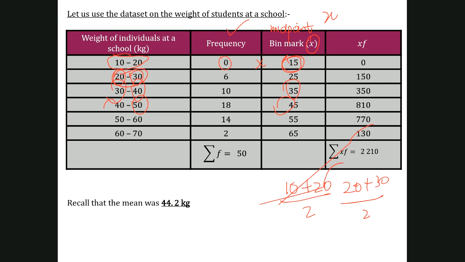That gave you the 0, 6 times the 25 gave you the 150, 10 times the 35, 18 times the 45, and so on. Once you had this, you added all of them up. It gave you the total of 2,210, and you divide that by the sum of your frequencies. So divide by 50, and that's how you got to your mean of 44.2.